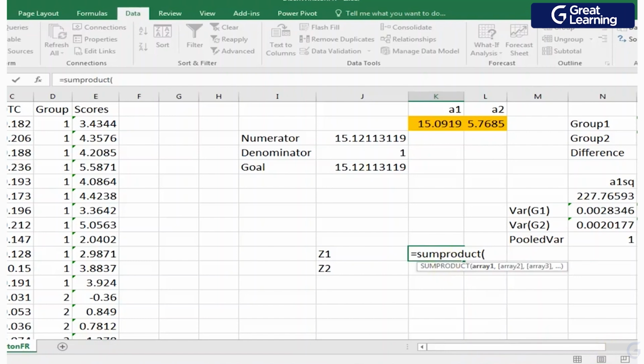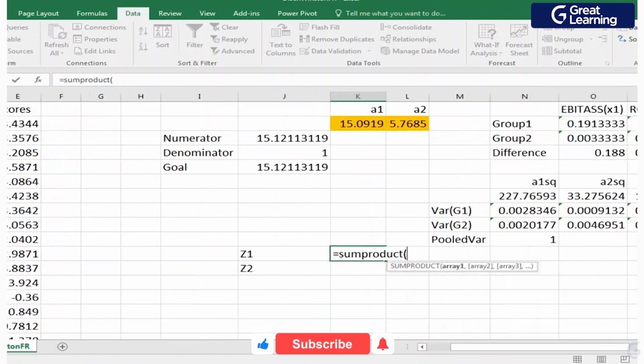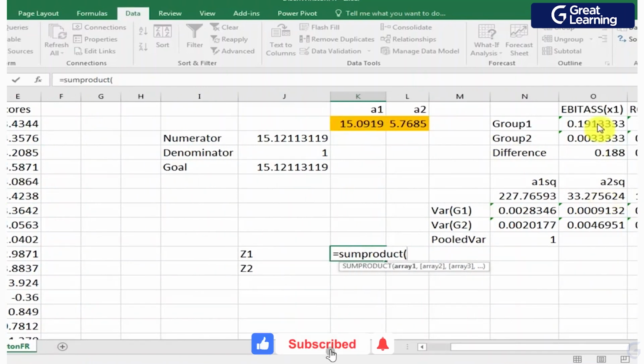Is it written there? A1 into X1 bar, A2 into X2 bar for the first group, which is available here. This is my A1, A2, am I correct? A1 into this plus A2 into this is equal to sumproduct, ladies and gentlemen, comma, these two means.